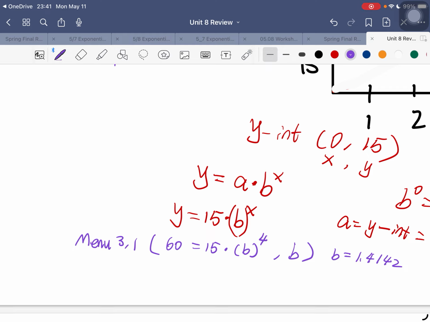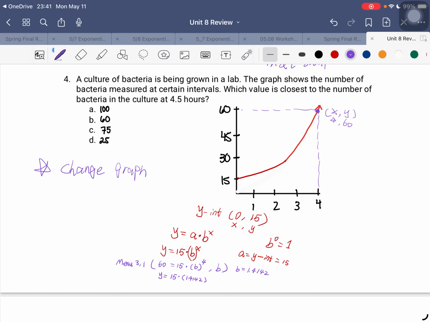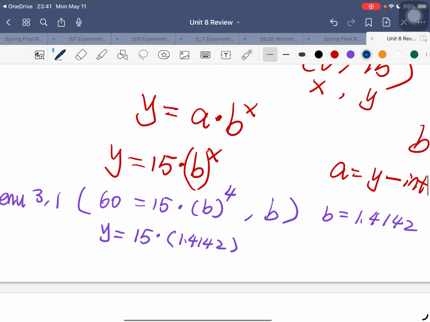I can write the equation as y equals 15 times 1.4142 to the power of, let's look at what's the new x. The new x is 4.5 hours.